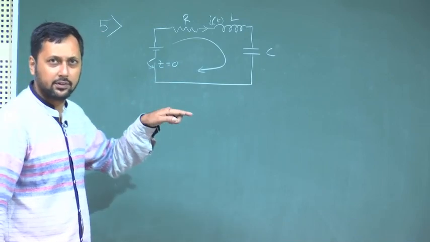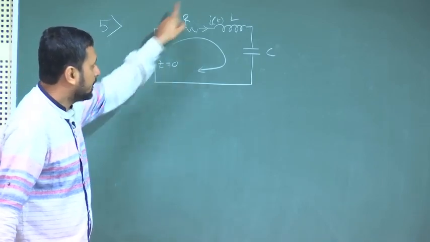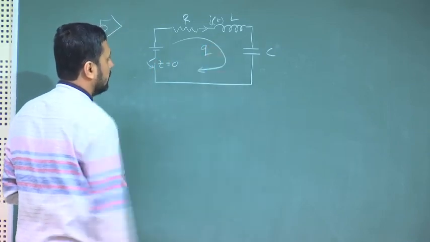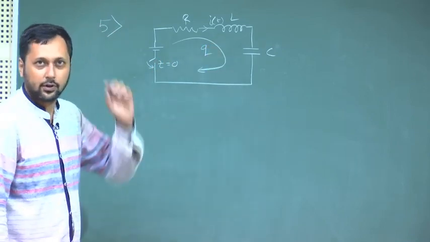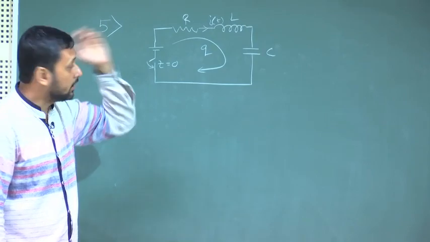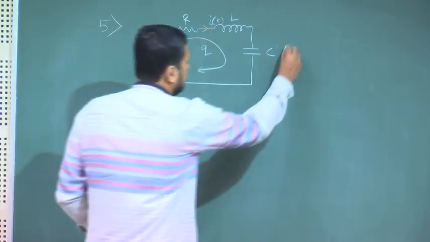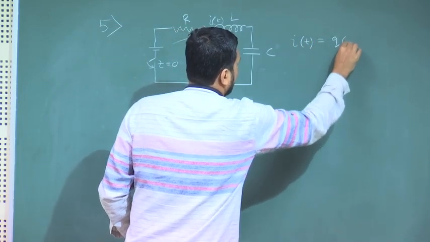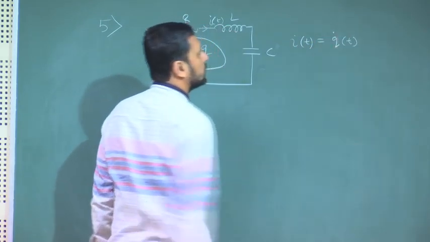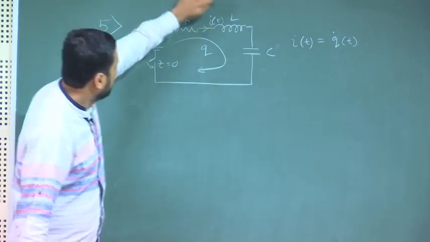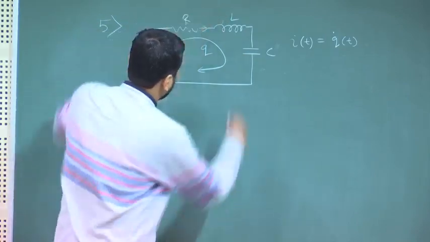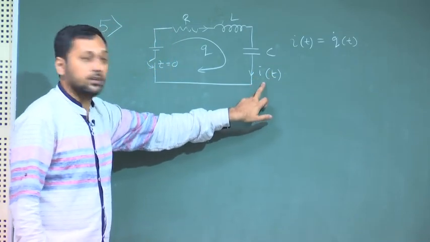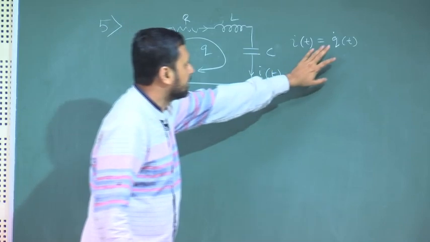As and when the switch is closed, there will be a charge flowing in this circuit, and that is why charge q has been taken as the generalized coordinate, because it is the most fundamental quantity. We can write I(t) as q dot. So, I, the current, is the generalized velocity in this case, and q is the generalized coordinate.